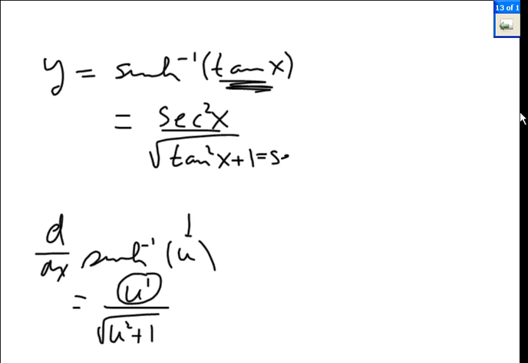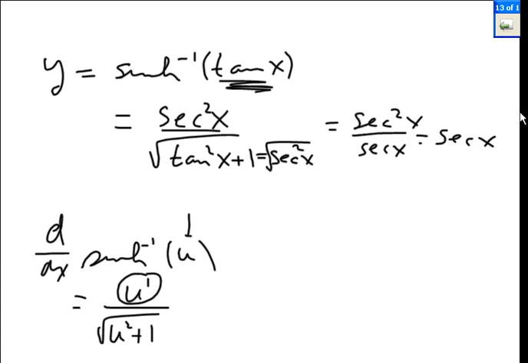But if you remember, that's secant squared x, so it's the square root of that, secant x. So you have secant squared x over secant x, which is secant x. Okay, so the derivative of this is just secant x.